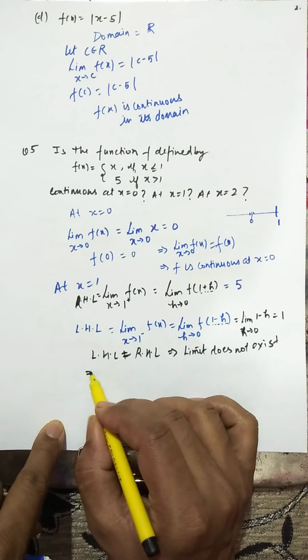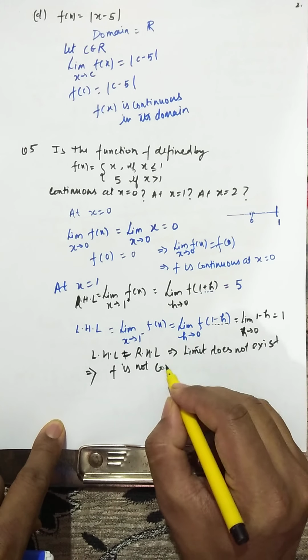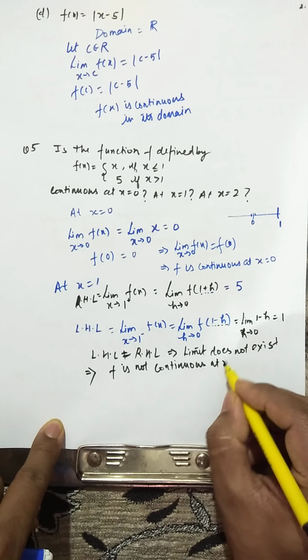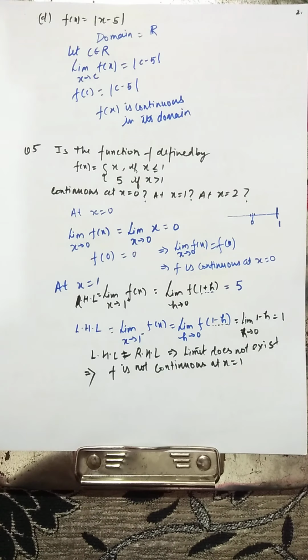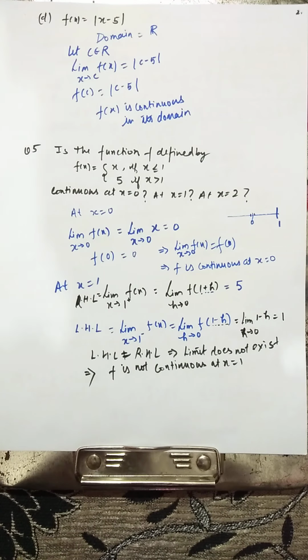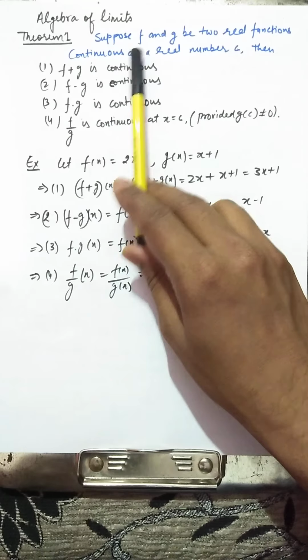Otherwise you can simply say that f is not continuous at x equal to 1. We'll discuss more questions based on this, but you just recall what you have done in class 11th about limits. Now we go quickly to algebra of limits.